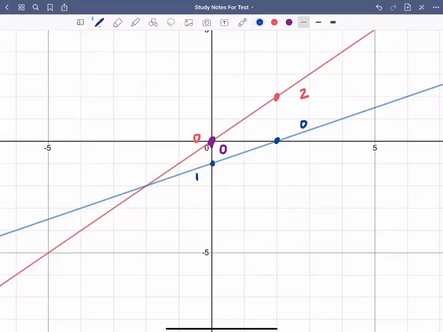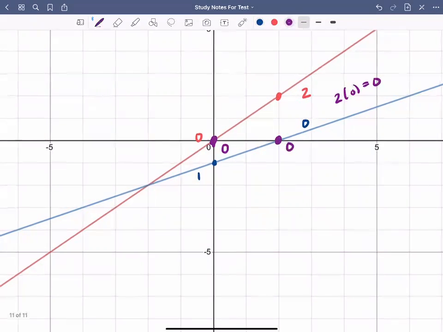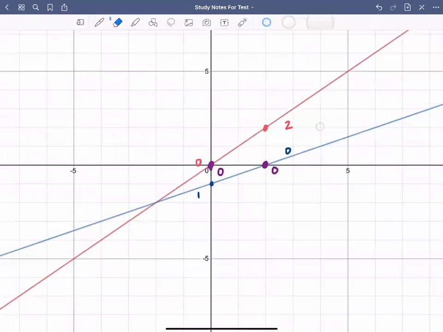So 2 times 0 is 0, and we go right here. Next, we go to this point, and here we have 1, and here we have 4. So 4 times 1 just gives us 4.